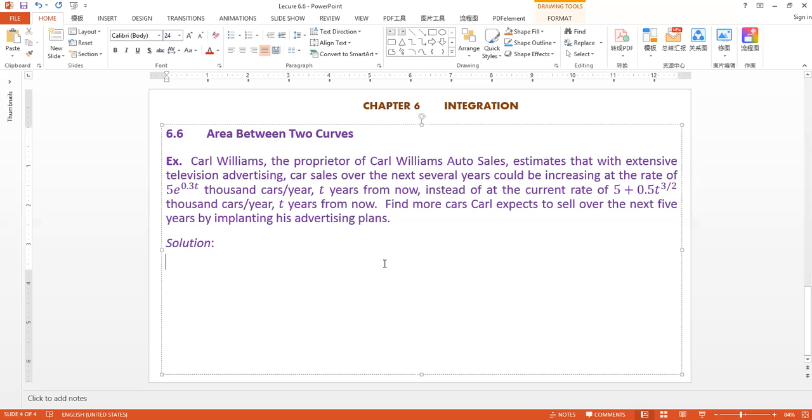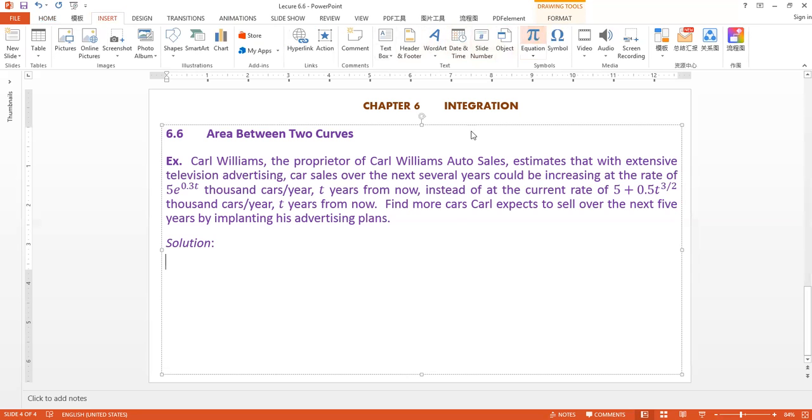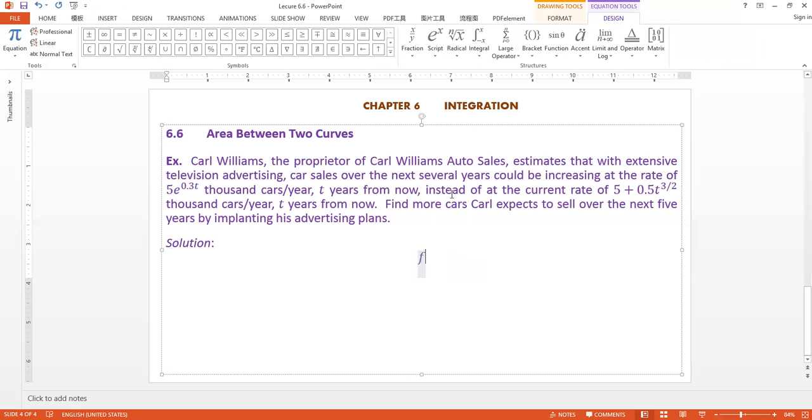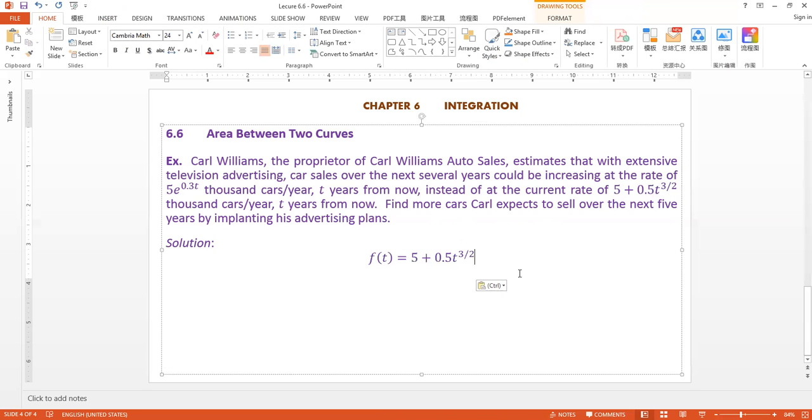So we can call one function f of t equals 5 + 0.5t^(3/2). Okay, so that's the current rate of sale.